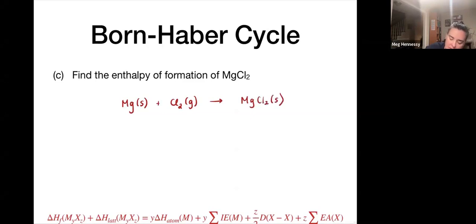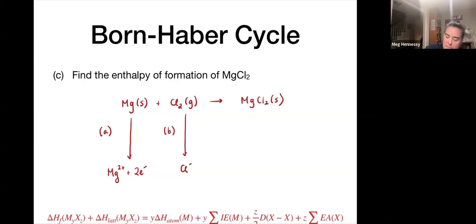What we've already figured out is that we could take magnesium and turn it into magnesium 2+ and 2 electrons. That was question A. And we've already figured out that we can take chlorine and turn it into Cl-. And that was the answer to B.